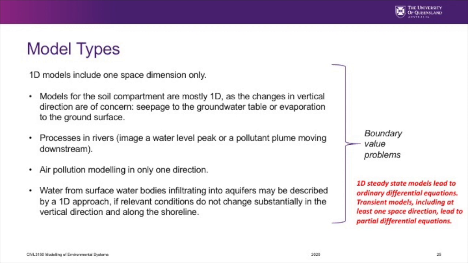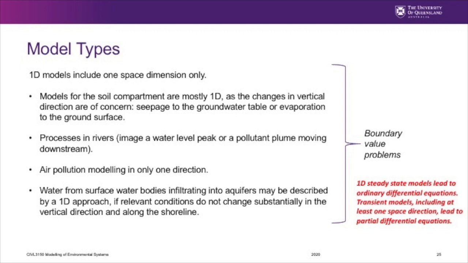So it is also related to air pollution modeling in only one direction. We have other examples, but we're going to remember this paragraph that was discussed in one of our first lectures. 1D steady state models lead to ordinary differential equations.